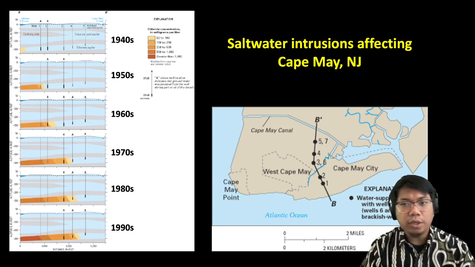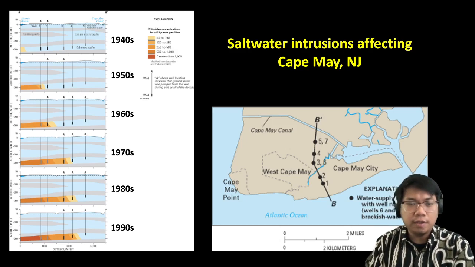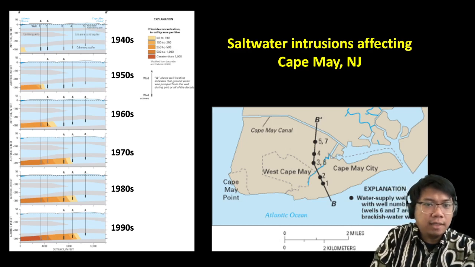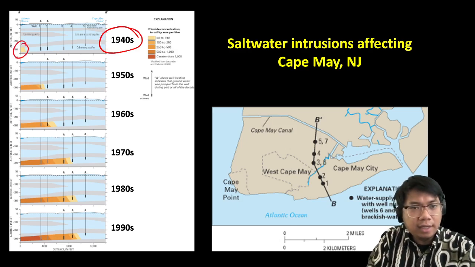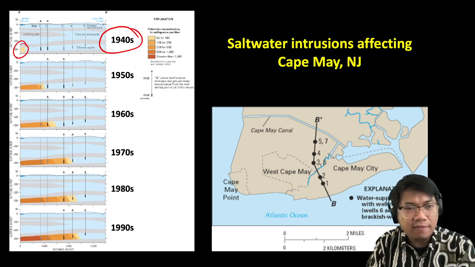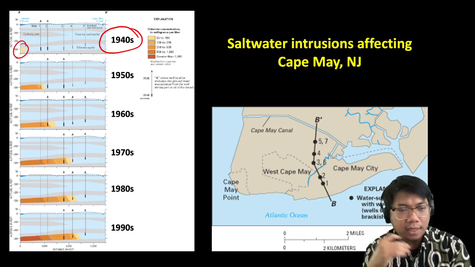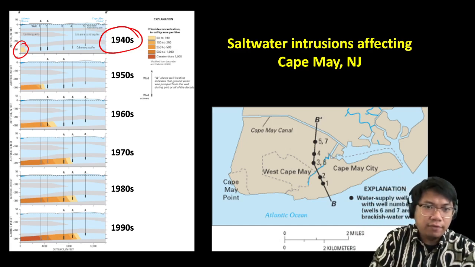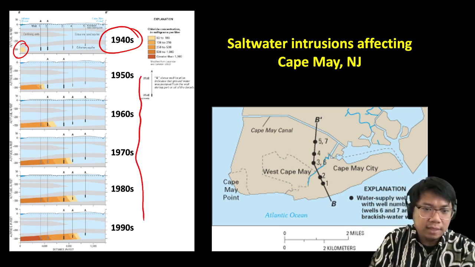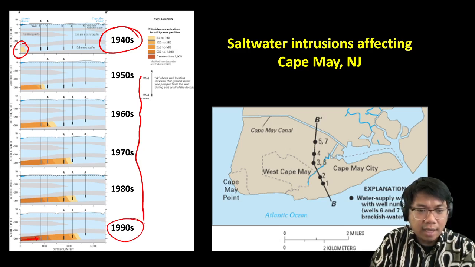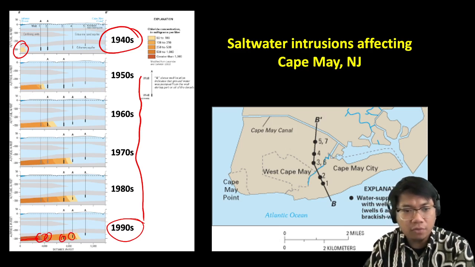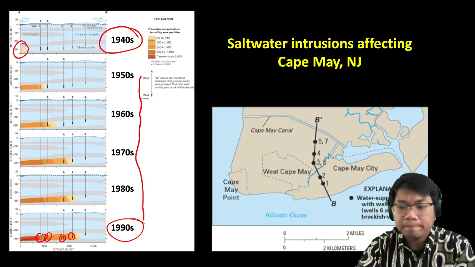Here's a real study of saltwater intrusion affecting Cape May in New Jersey, and here we have the data from the 1940s. They thought that they had saltwater intrusion starting in the 1940s, but at that time it had not affected the wells located in Cape May yet. But eventually, from the 1950s all the way to the 1990s, we can see that this saltwater intrusion comes in from the left, and by the 1990s it had already affected 1, 2, 3, and 4 wells in Cape May. 4 out of 5 wells, at least for this study.